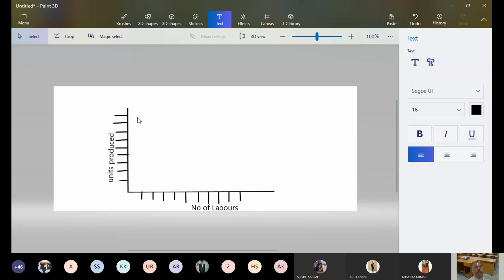So we will be starting with 0, and we will be ending with 80.